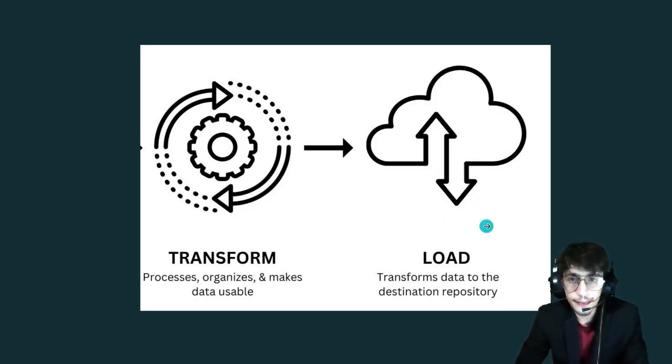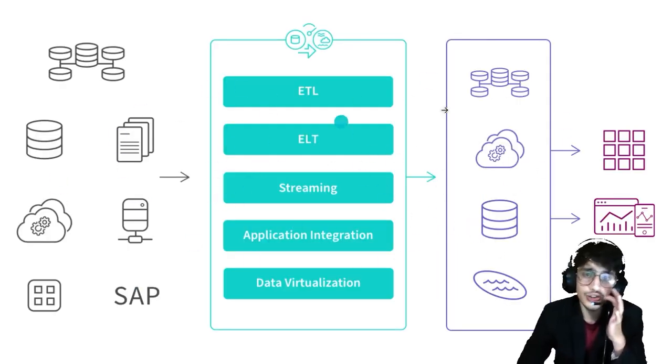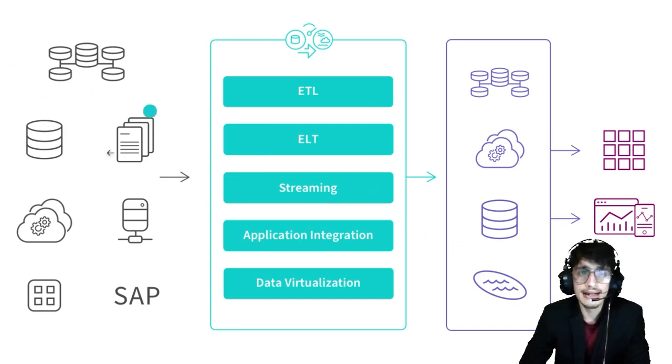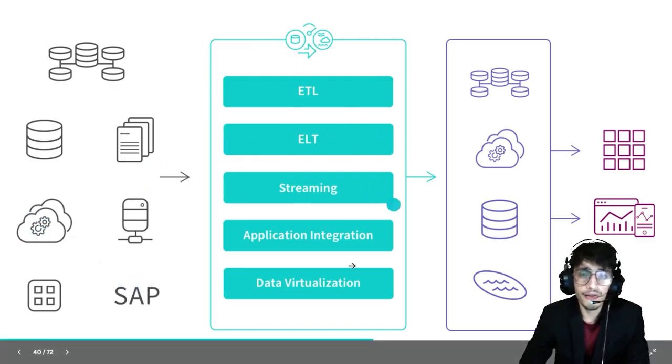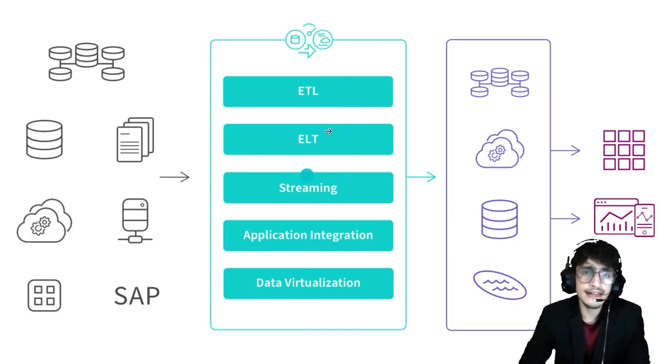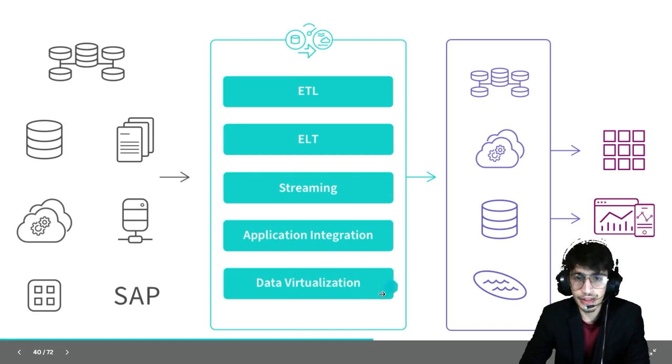So this is all we have covered till now. In data integration, we have data from many sources like different databases, PDFs, voice notes, cloud, SAP, and after that we will apply a data integration technique. These five techniques we will cover in this video one by one. Either we will apply ETL, ELT, streaming, application integration, just like an API, and data virtualization.